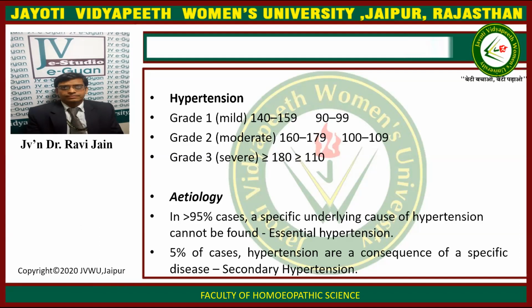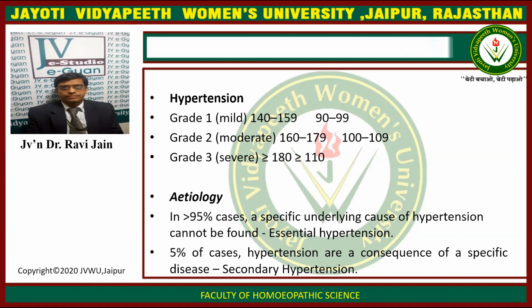Now, when it is said hypertension, grade 1 is mild hypertension in which the systolic blood pressure ranges from 140 to 159 mm of Hg, and the diastolic blood pressure ranges from 90 to 99 mm of Hg. In grade 2, the moderate hypertension, the systolic ranges from 160 to 179 mm of Hg, and the diastolic ranges from 100 to 109 mm of Hg.